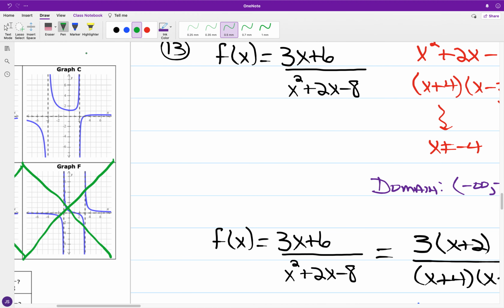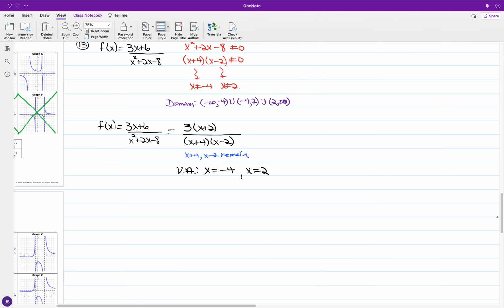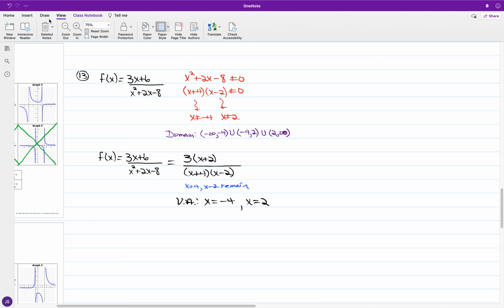And for the next phase, sort of the next part of the litmus test, we come down to degree comparisons.